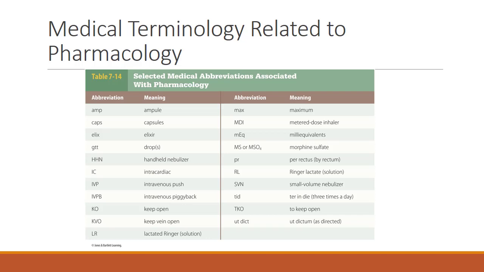You will see sometimes SVN as small volume nebulizer. Not so much anymore, but you sometimes will see TID, meaning 3 times a day. TKO will be used for indicating to keep vein open. So KVO, TKO are exactly the same thing. It's just two different ways to say it.